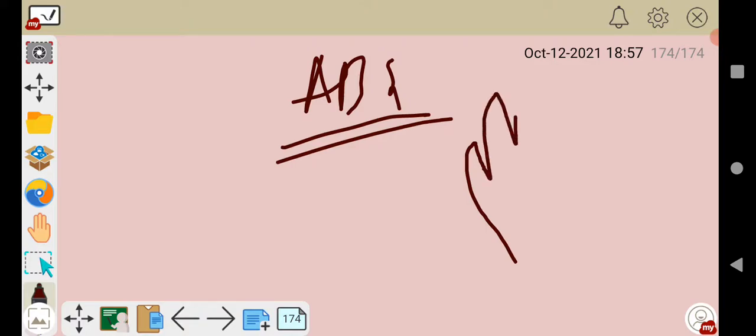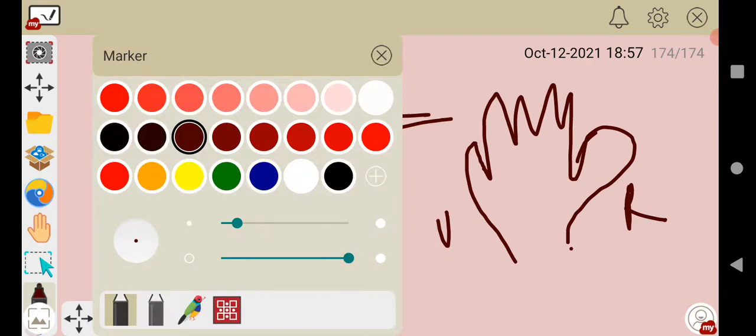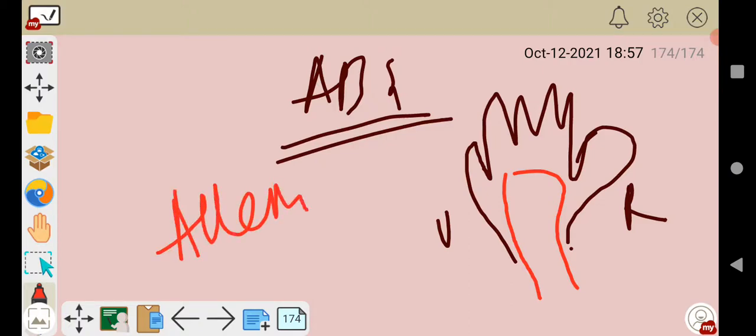If I draw a hand like this, my drawing is not that perfect, don't mind. This is the radial side, this is the ulnar side. From the ulnar side comes the ulnar artery, from the radial side the radial artery, and then there are collaterals. While doing ABG, a test is performed known as Allen's test.